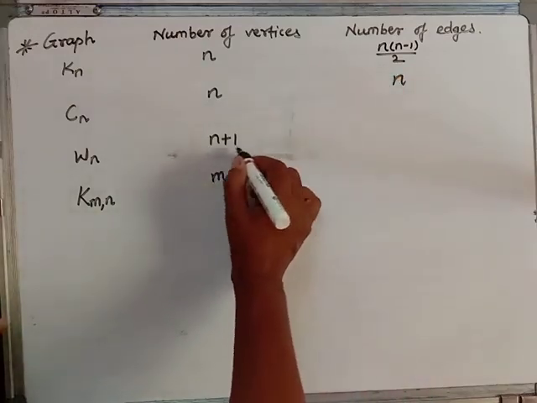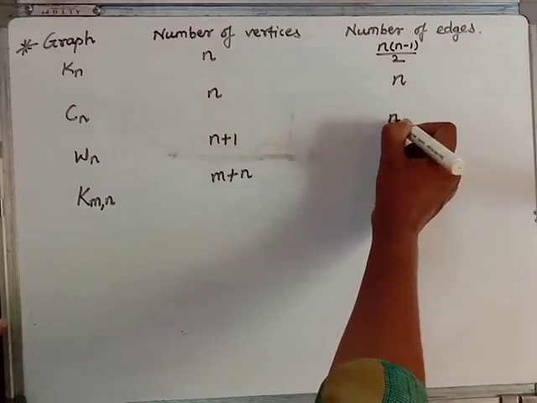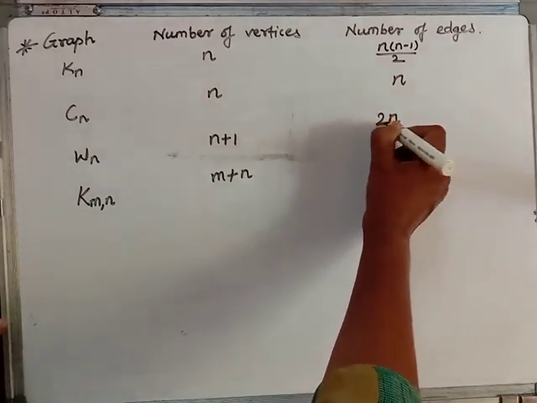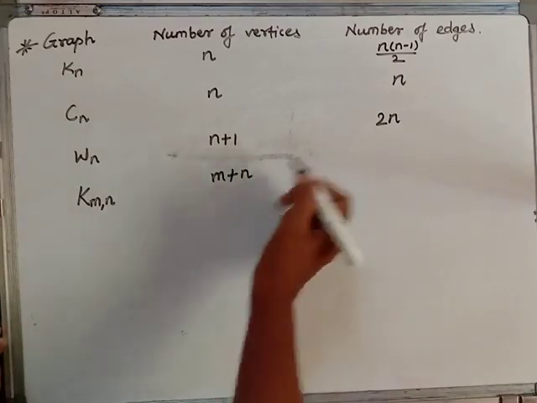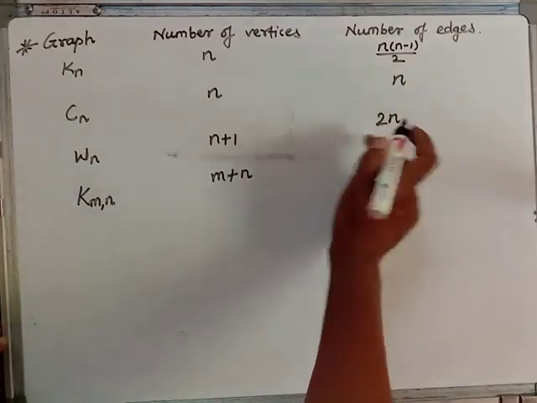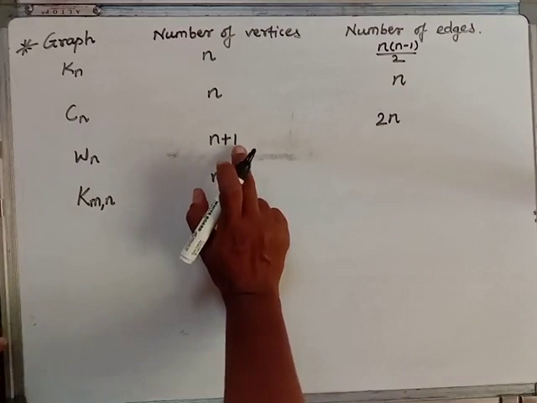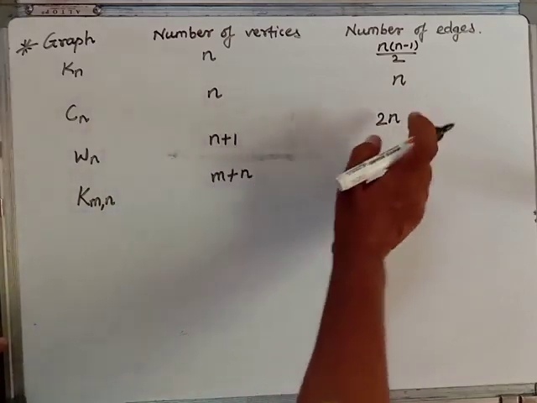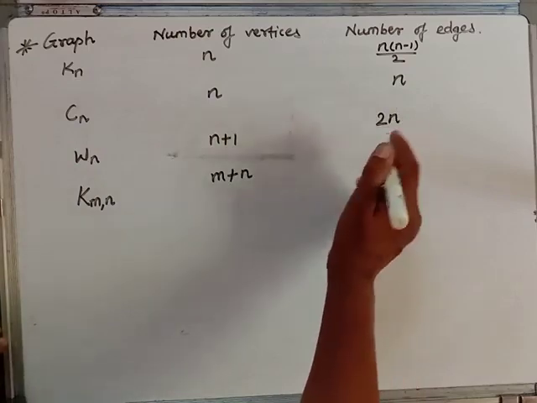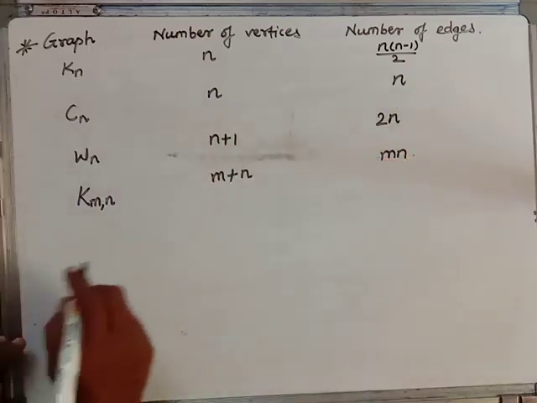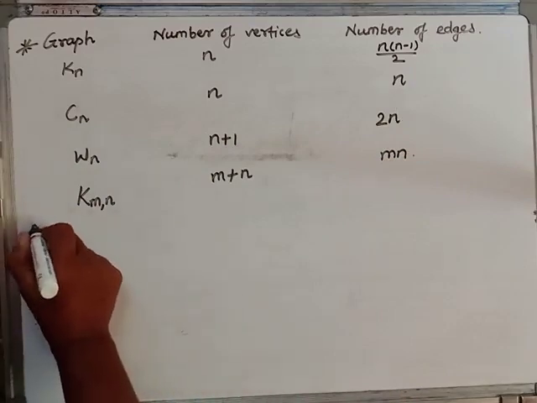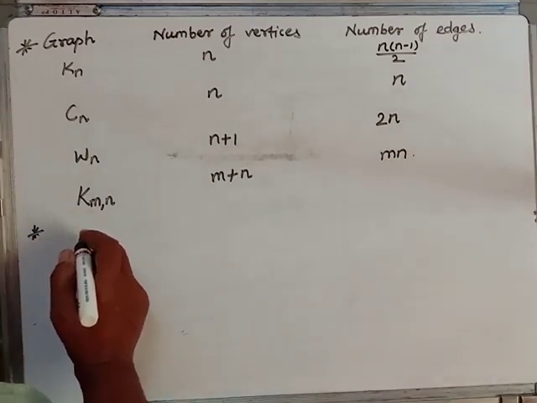For the wheel, the number of edges will be twice n, because we add an edge from this new vertex to each previous vertex. And for Kmn the number of edges is mn. Remember this.